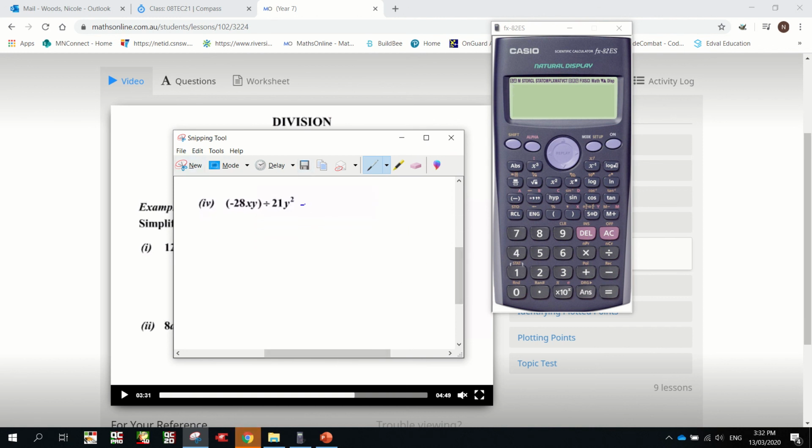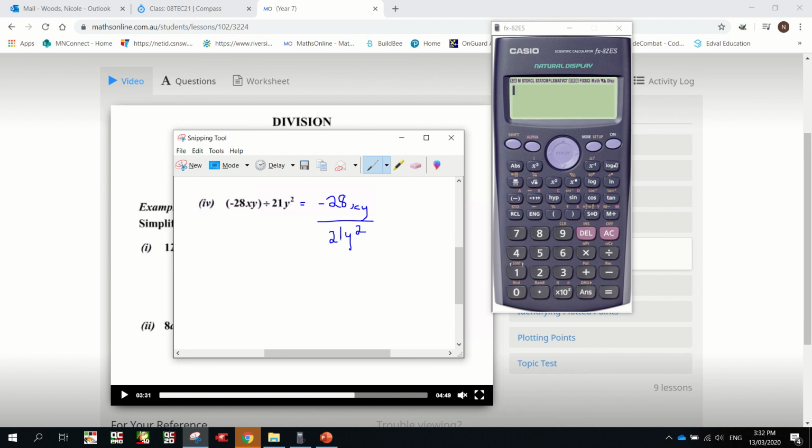We've got equals negative 28 x y divided by 21 y squared. Now I'm purposely writing it like this time because sometimes these numbers will be huge, okay? So we're going to get used to just leaving them in index form.